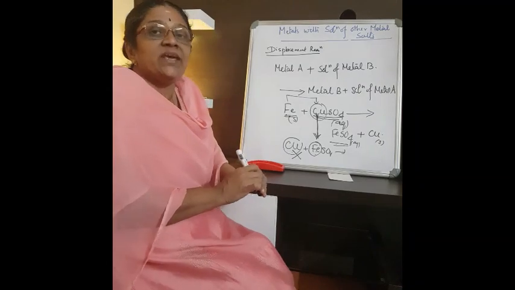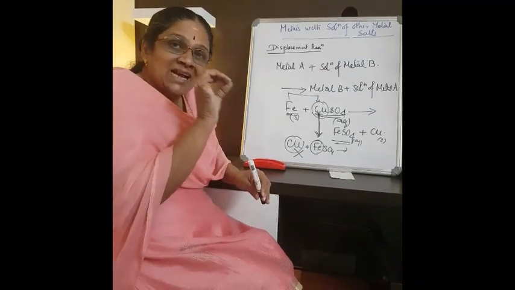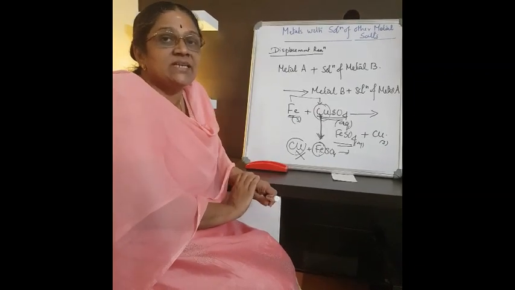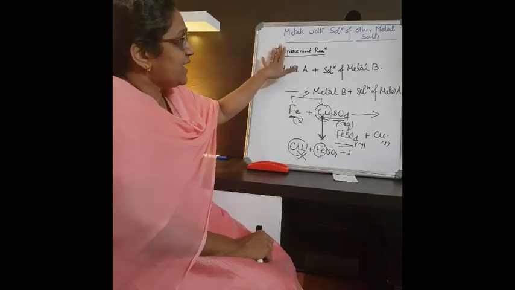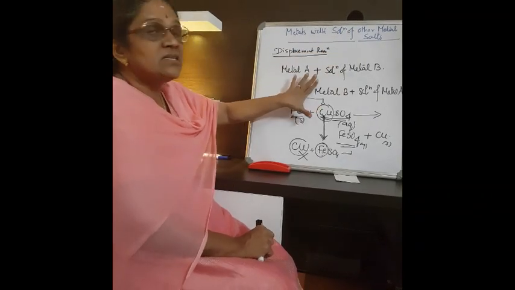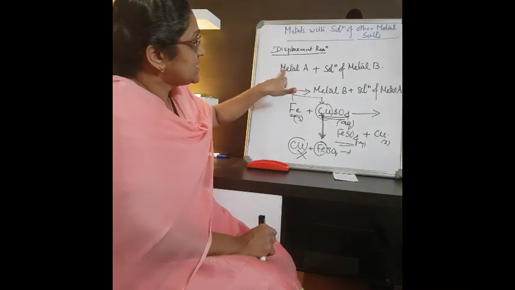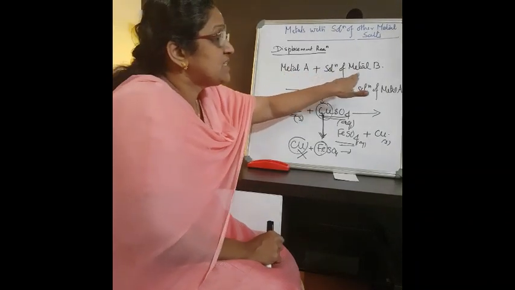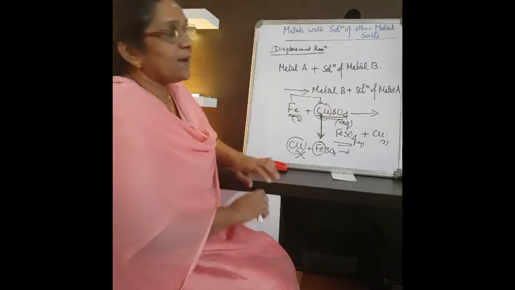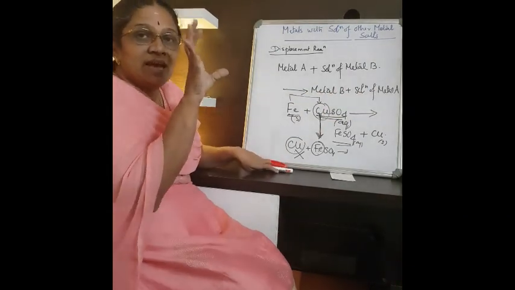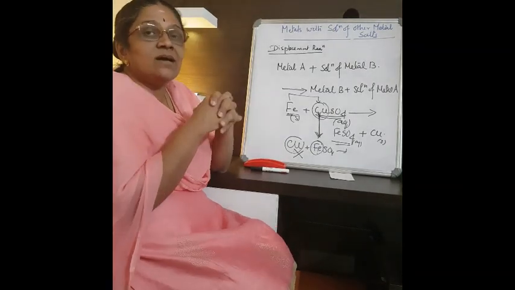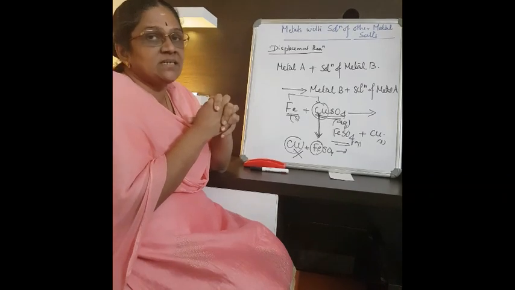So in general we can say a more reactive metal displaces a less reactive metal. That is the displacement reaction, and that is nothing but the reaction of metal with the solution of other metal salts. Generally we can say metal A plus solution of metal B will give you metal B plus solution of metal A. These are the reactions which we study in order to know the reactivity of different metals.